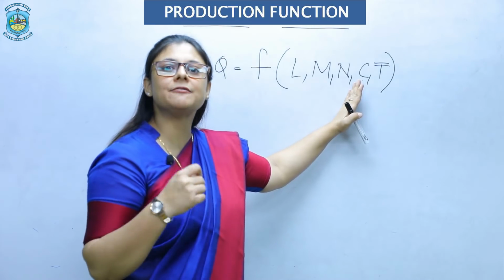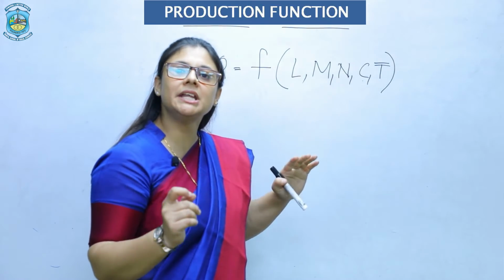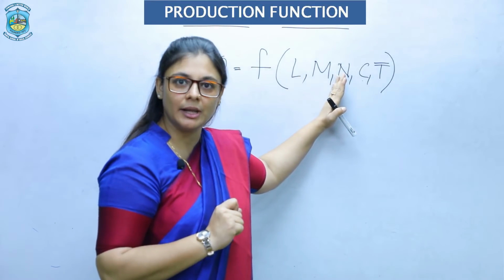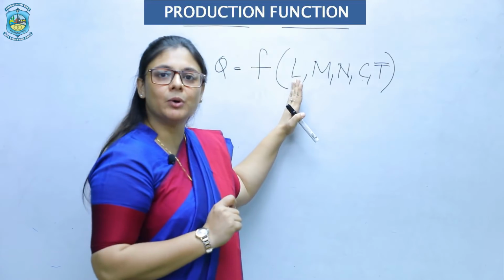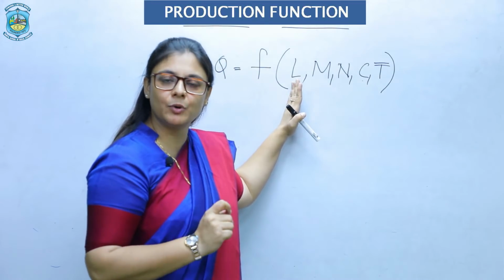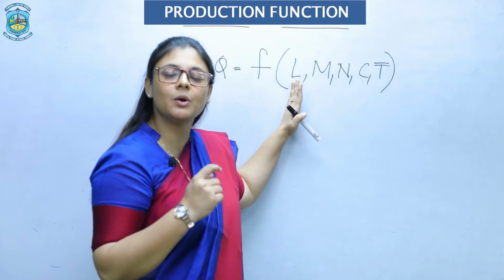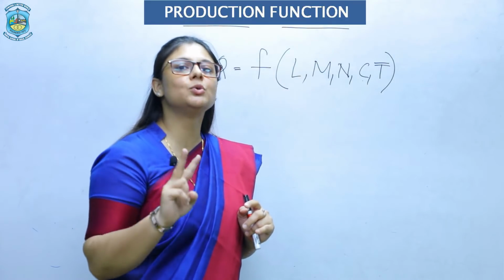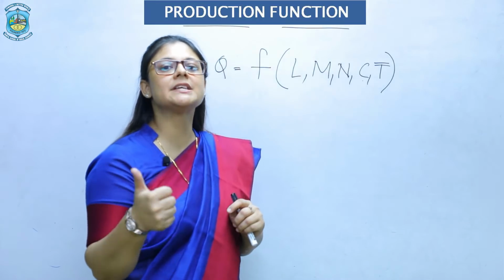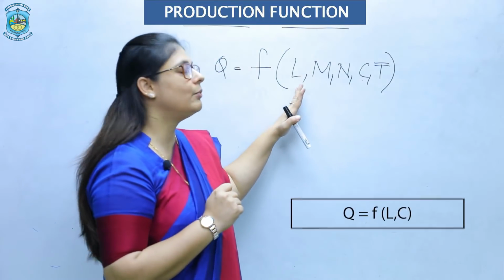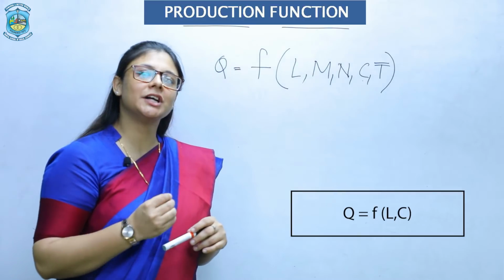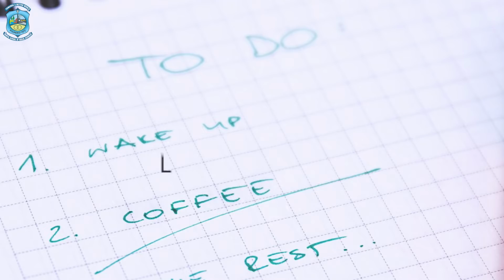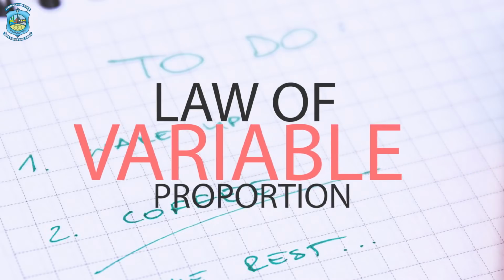So here we define clearly the meaning of a variable input and a fixed input. The variable input refers to the input required for production which can be changed in the short run. In the short run, we have two types of inputs, fixed inputs plus the variable inputs. The short run production function aspect is known as the law of variable proportions.